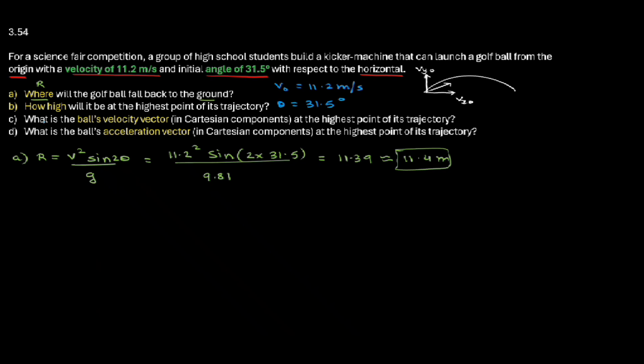Then in part B, they're asking how high the ball will be at the highest point of its trajectory. So in part B, I need to find the height h, which is given by y0 plus v0 squared sine squared theta over 2g. Since we are starting at the origin, the initial y value will be 0 because we are starting from ground level.